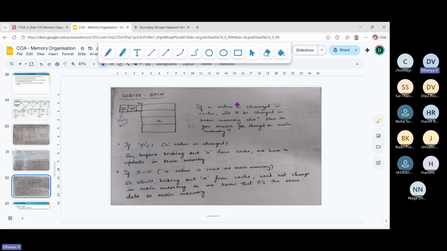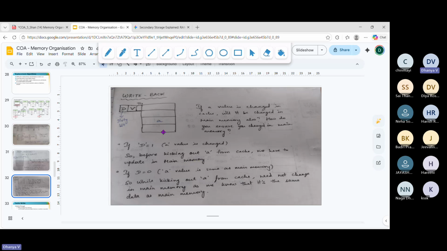Here you have something called a dirty bit. If the dirty bit is 1, that means you have actually changed it in your cache. So when you're trying to kick out A anytime throughout your program, before kicking out A from your cache, we have to update it in the main memory and then you kick out.